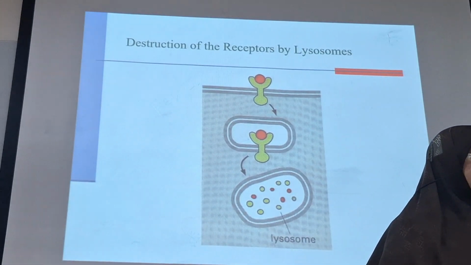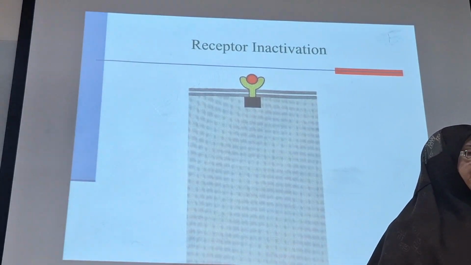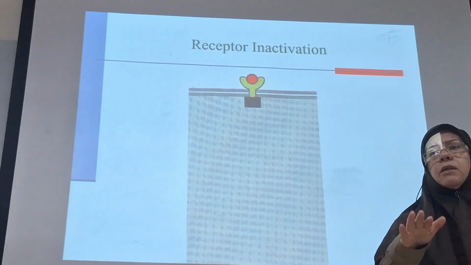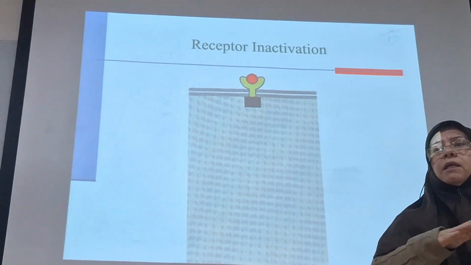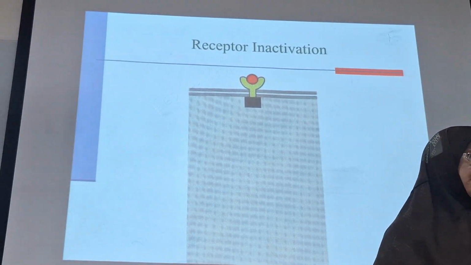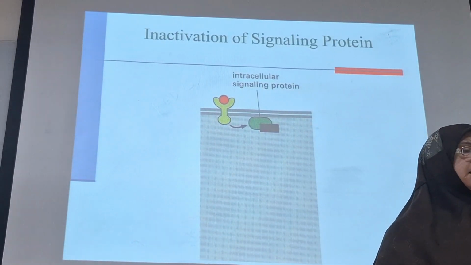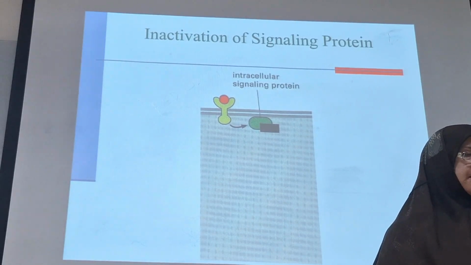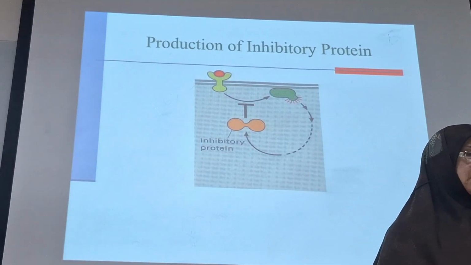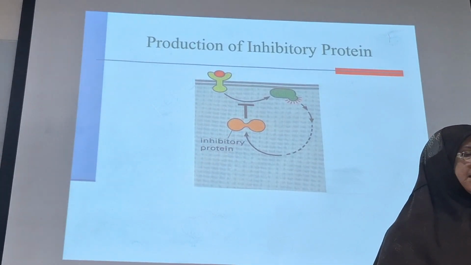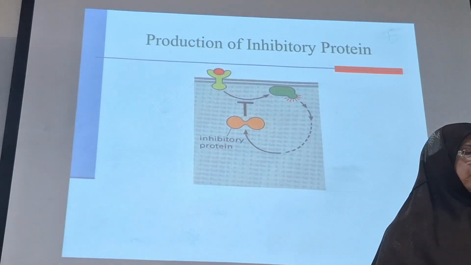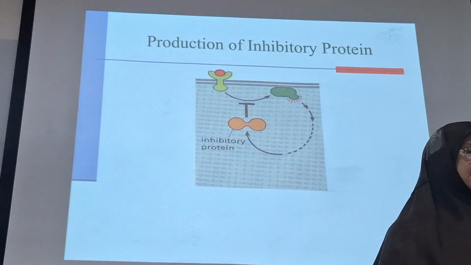So we have downregulation. Maybe after binding of hormone to receptor, the signaling pathway is inhibited. Also, because of the signaling pathway, some inhibitory proteins are produced, and these proteins inhibit the signaling pathway.